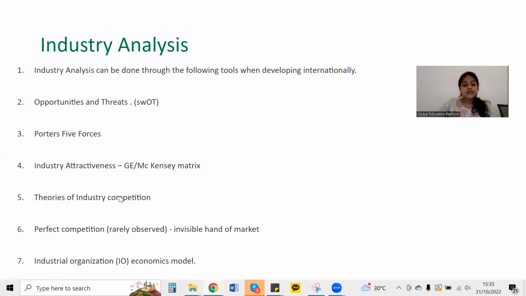So another element that is very important would be industry analysis, because without industry analysis, like I said previously, it would be unlikely for any organization to devise their strategy suitably. So it is important those analyses are done very well. In order to do those analyses, there are certain theories and tools available to do them in a clear-cut manner.